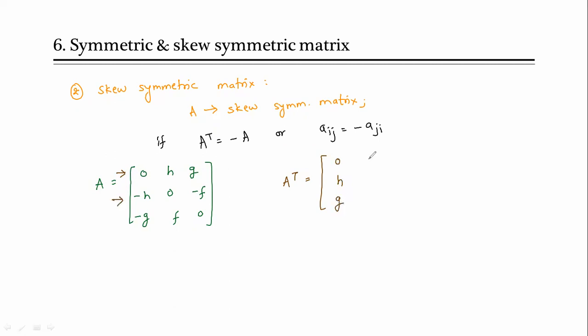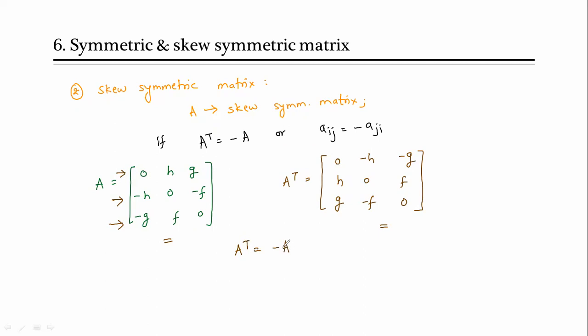This is the second row, write it as the second column. This is the third row, write it as the third column. Now, if you observe both these matrices, what you can find? A transpose is nothing but minus A.